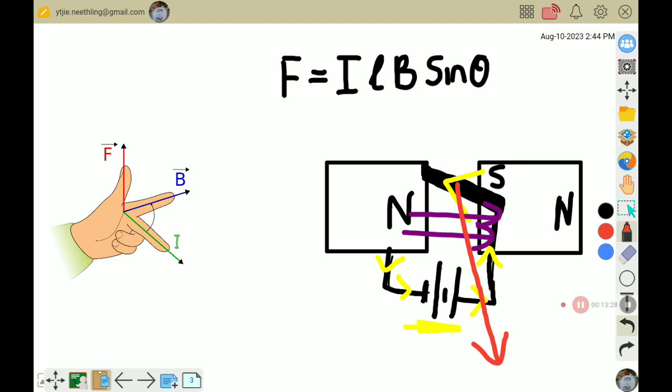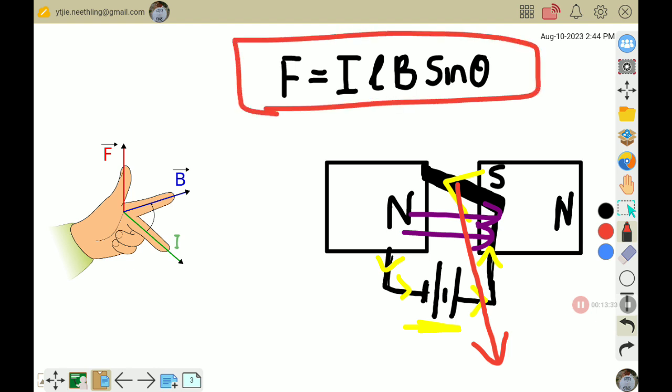Okay, so this nice equation, we need to say how can we increase the force that this current carrying conductor experiences. So you can increase the current and keep all three of the others constant. So because F and I is directly proportional, if you increase the current, the force will also increase.